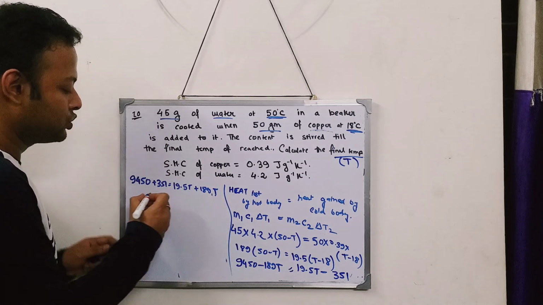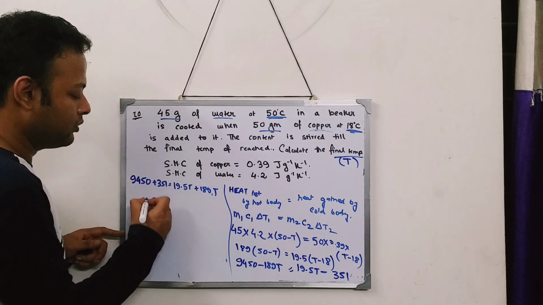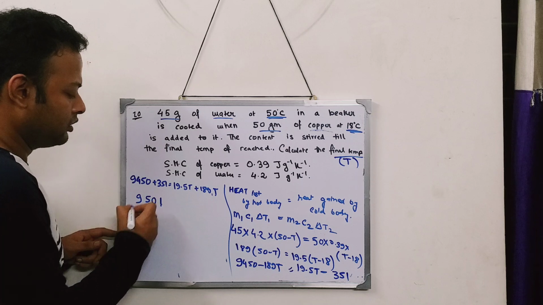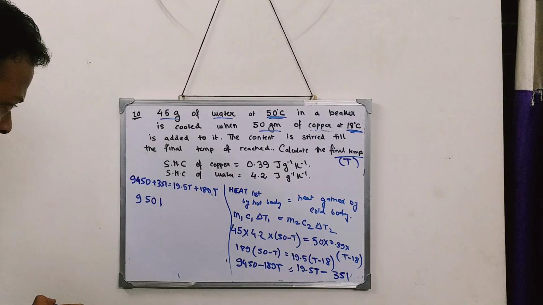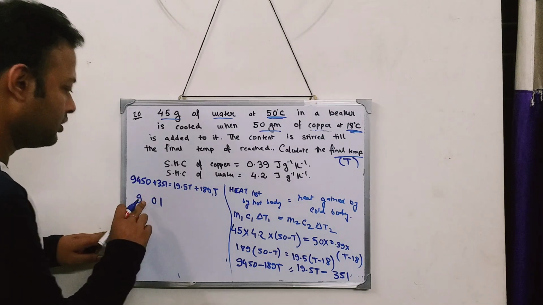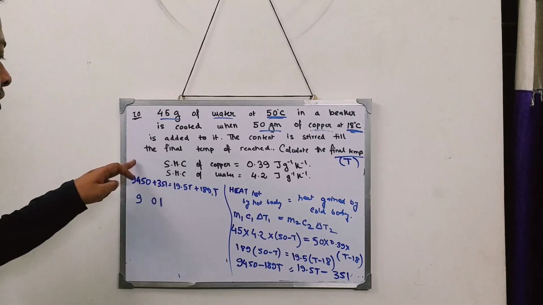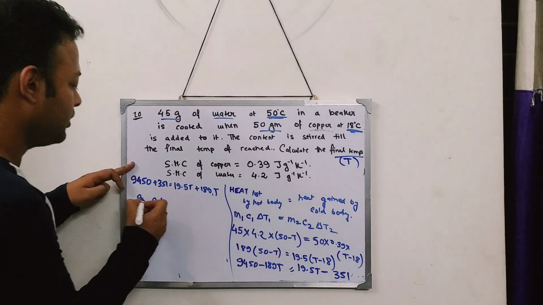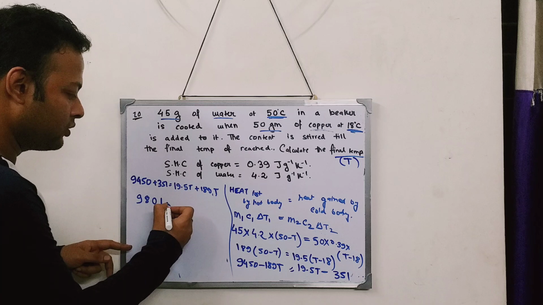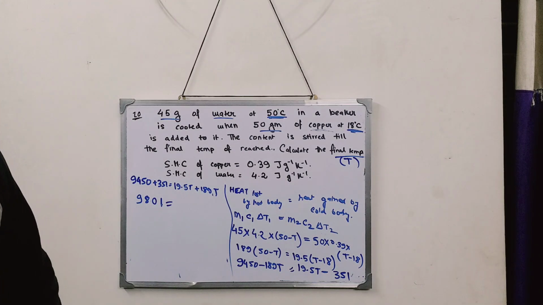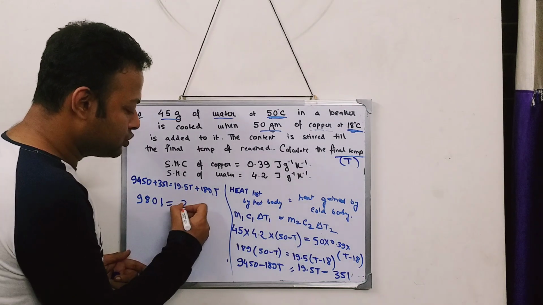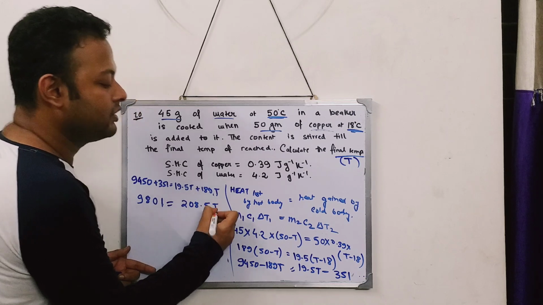Now when you add these, 9801, and when you add the t values it becomes 208.5 t.